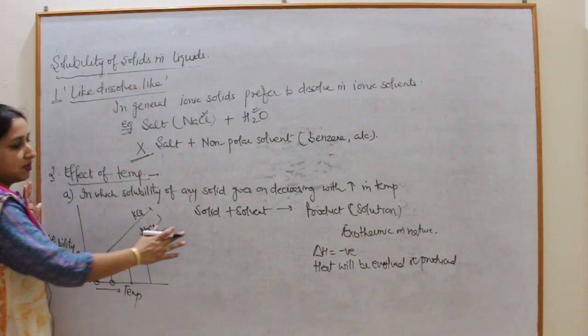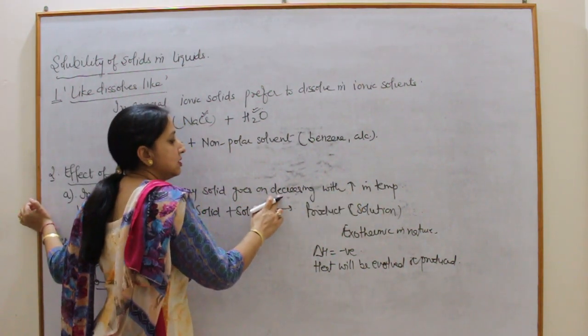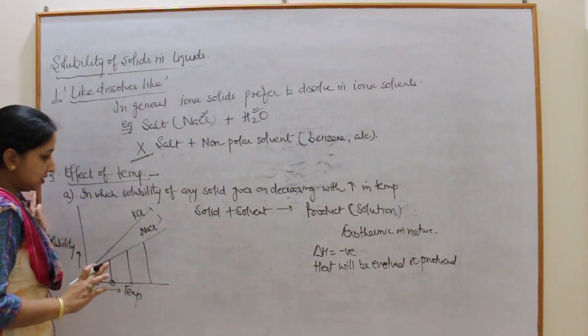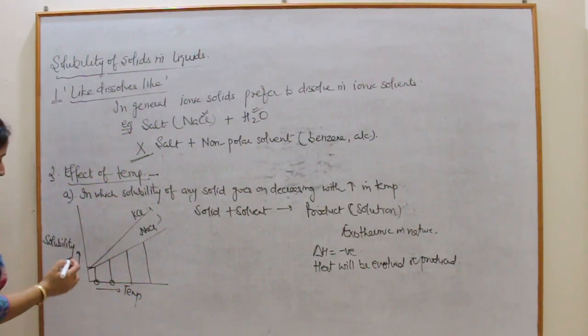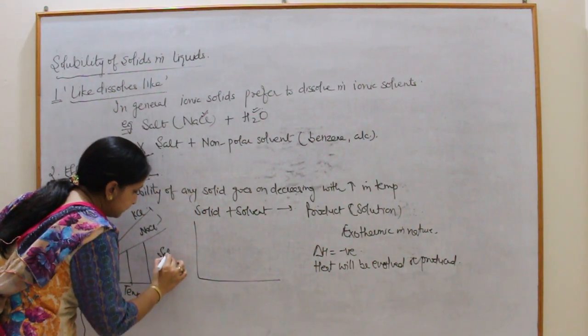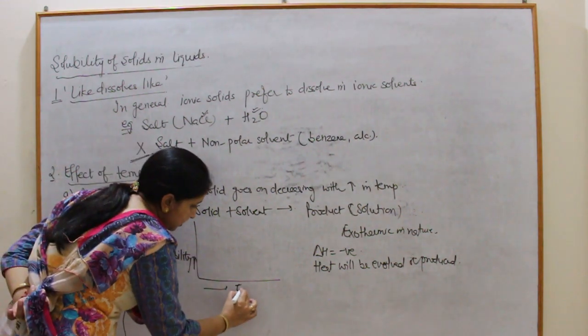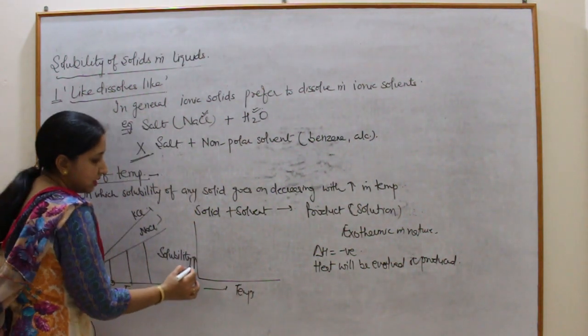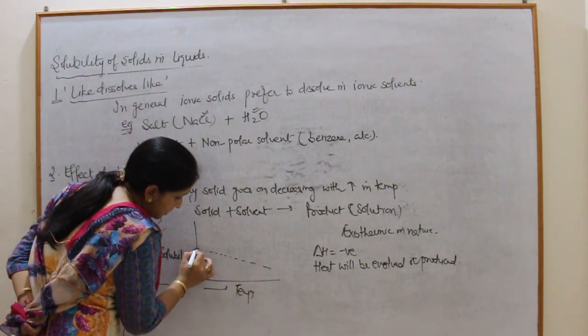For these types of reactions, if we increase the temperature, its solubility will decrease. It is again according to the Le-Chatelier principle. For example, we can show the graph of again solubility with temperature. So for these the graph will be somewhat like this.